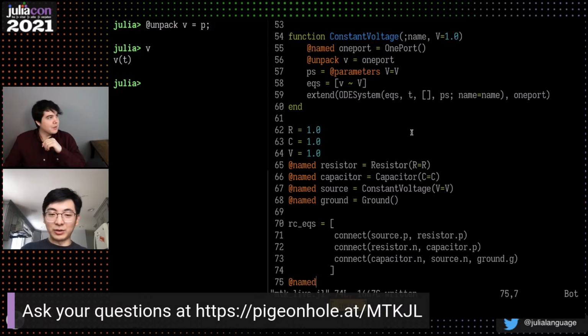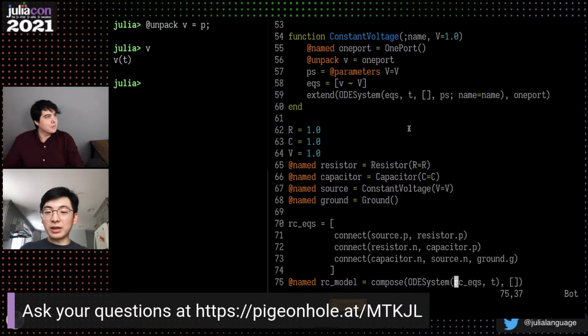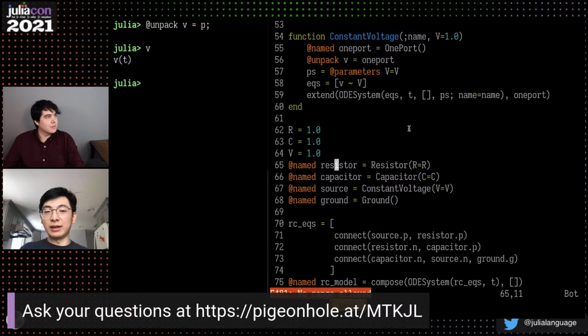Now we actually instantiate the RC model. So compose can also take an array of subcomponents. This RC model has subcomponents: resistor, capacitor, voltage source, and ground, right?